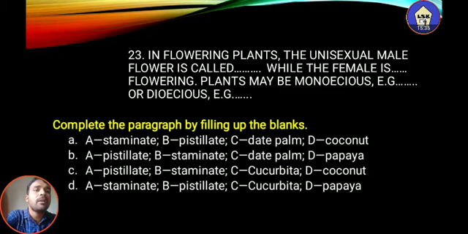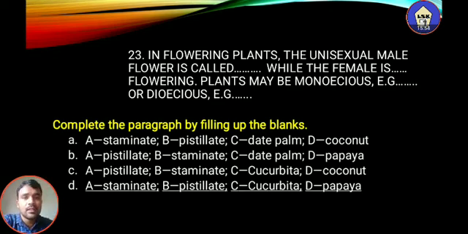Monoecious means bisexual. So which is the bisexual plant, date palm or cucurbita? Monoecious, bisexual, cucurbita is bisexual, and dioecious means unisexual, that is papaya. So option D is the right answer to question number 23.